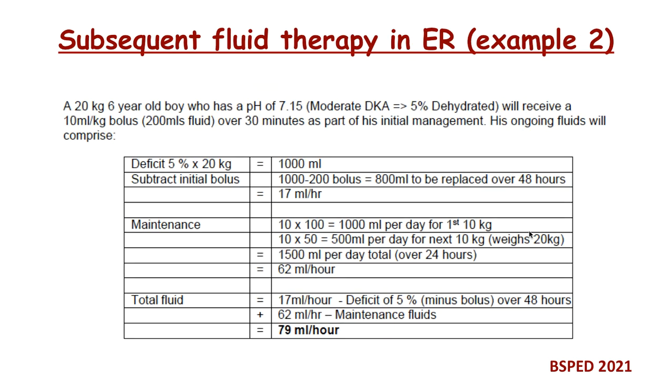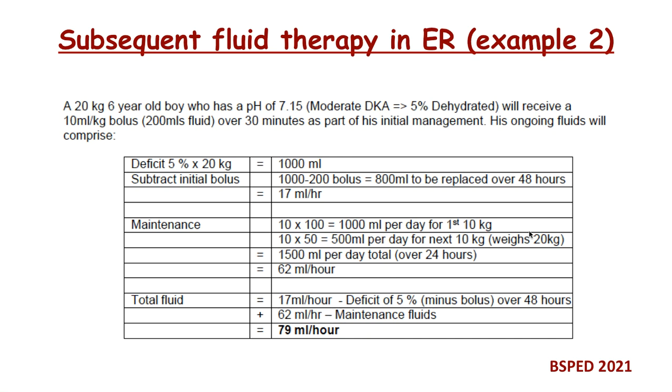Similarly, look at the other example where a patient of 20 kg comes to us with a pH of 7.15, so around moderate DKA, where you assume 5% dehydration, and he also received a 10 ml per kg bolus as a part of initial fluid therapy, but this patient is not in shock and you are not giving the initial bolus to resuscitate him. Yes, here the bolus is a part of initial fluid management.